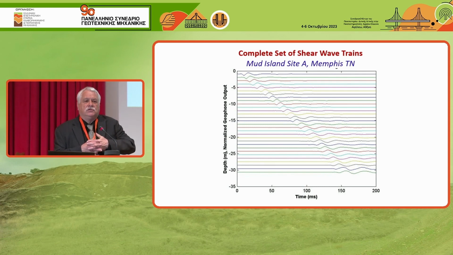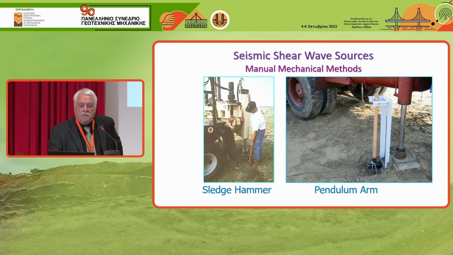My students would use MATLAB, and Dr. Mayne would probably revert to Excel, but you can do it in Excel as well. So we would just match each of those successive wavelets and get a profile.